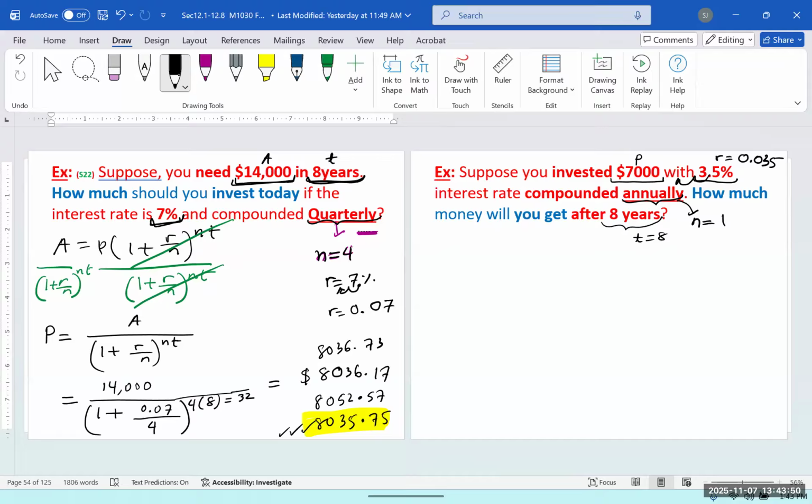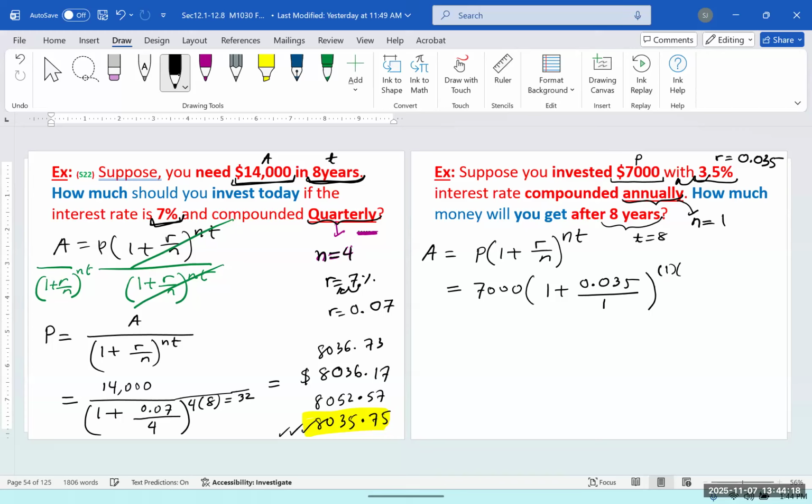So the formula which you have to memorize is A equals P times (1 plus R over n) whole thing to the power nt. You go to the formula and you apply all these variables. $7,000 principal, interest rate is 0.035. You're doing it only once a year.